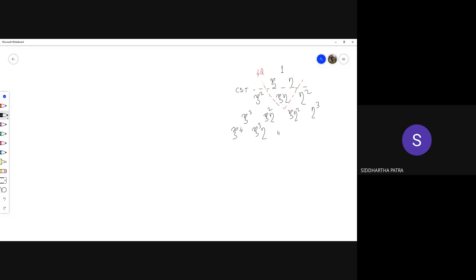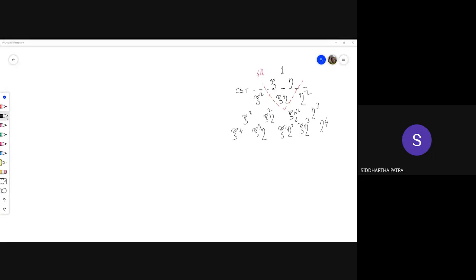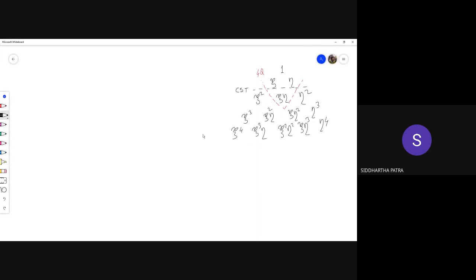Now let's go to the power 4. Now, if I take up to this level, these are the different terms required for constructing the shape functions. You can see six terms, and it forms a triangle. So it is for a six-noded triangle.